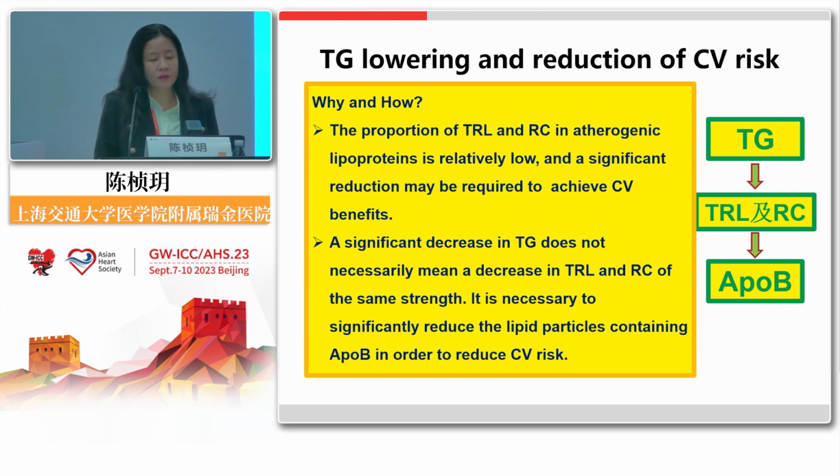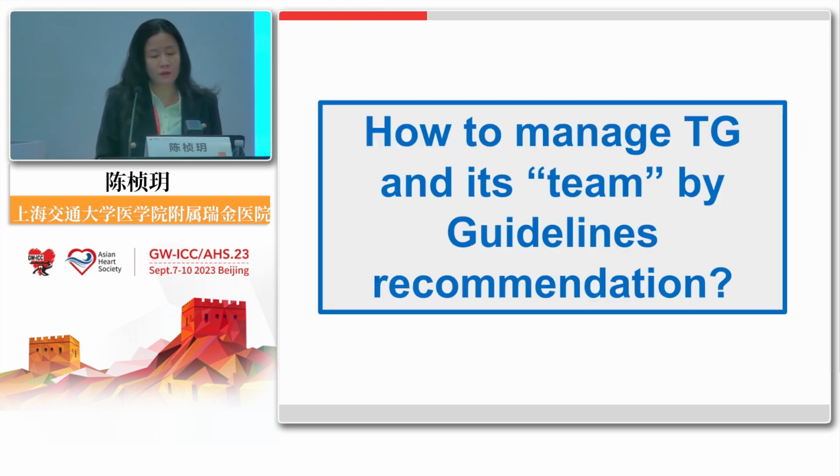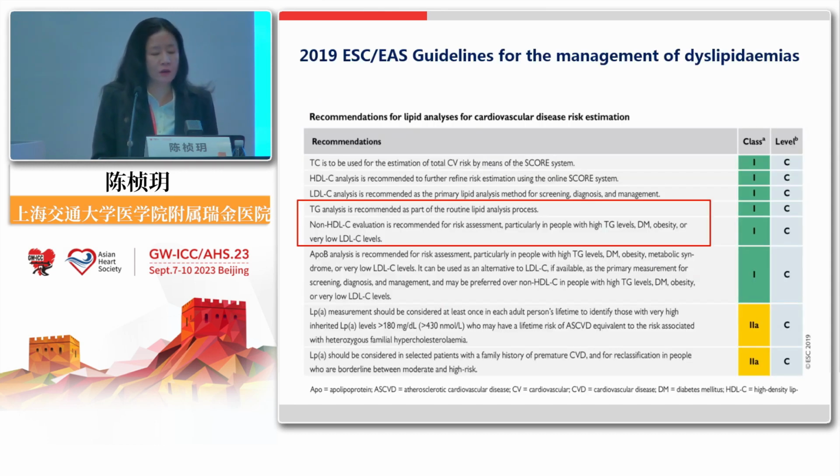A significant decrease in TG does not necessarily mean a decrease in TRL and RC of the same magnitude. It is necessary to significantly reduce the lipid particles containing ApoB in order to reduce CV risk. This is the key.